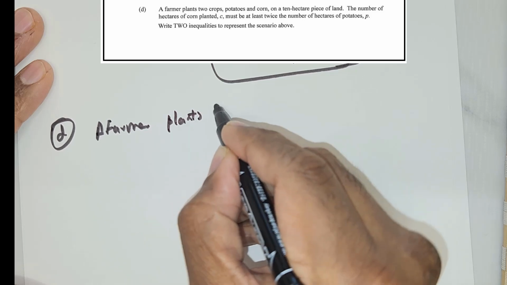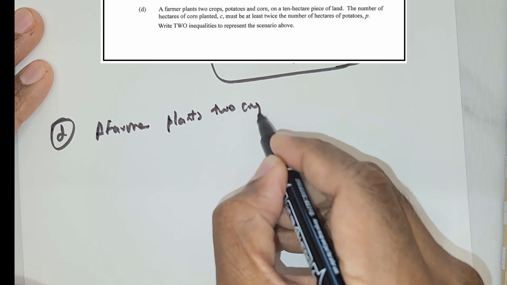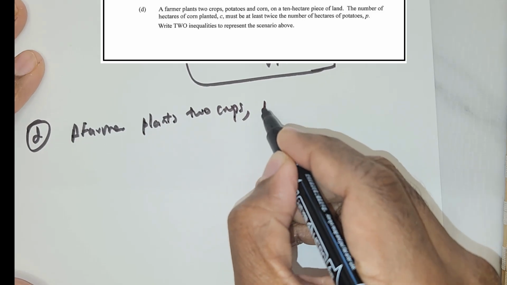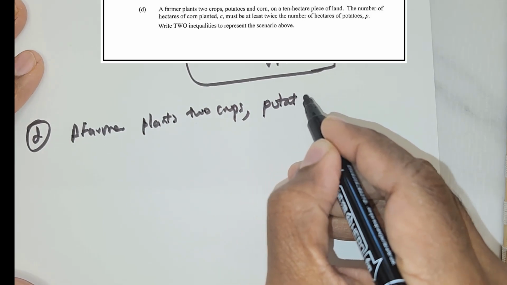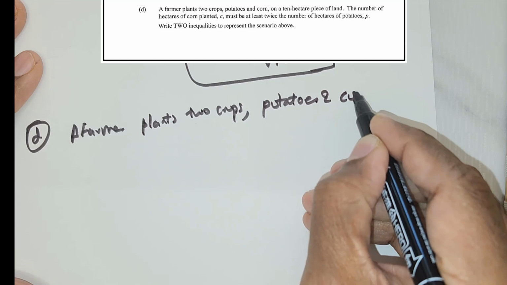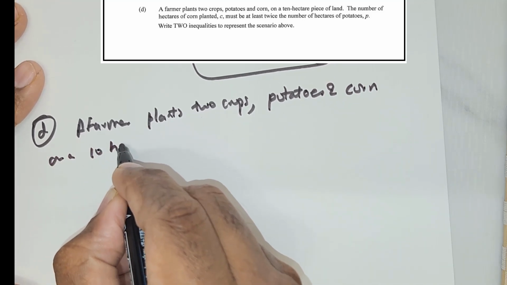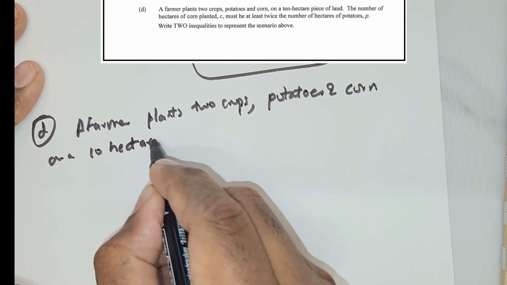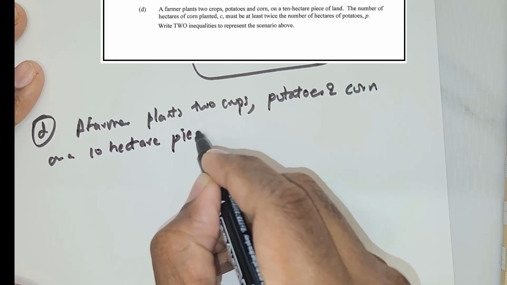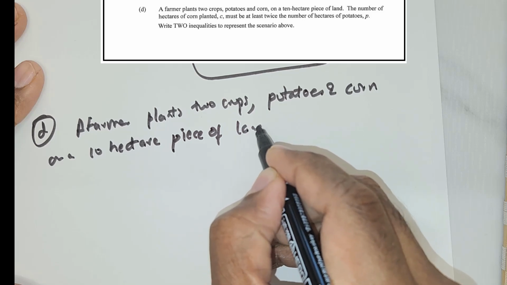A farmer plants 2 crops, potatoes and corn, on a 10-hectare piece of land.